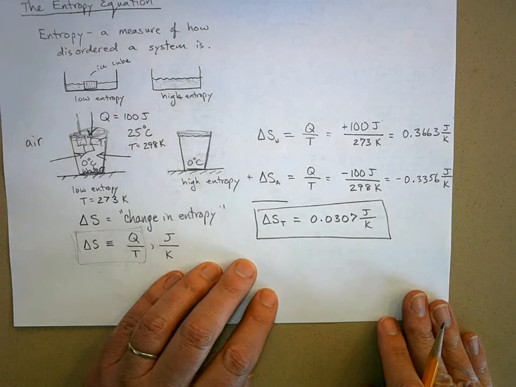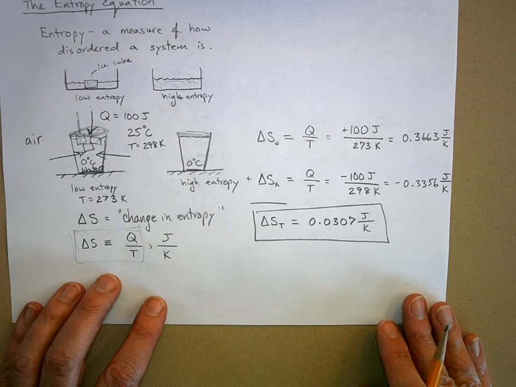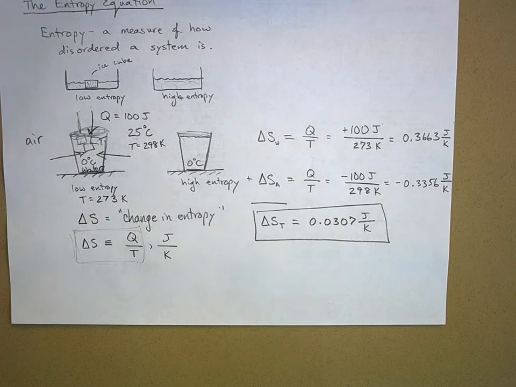Now, what does this mean? What are we talking about here? Well, remember we said that the second law of thermodynamics says that heat always flows from high temperature to low temperature, right?